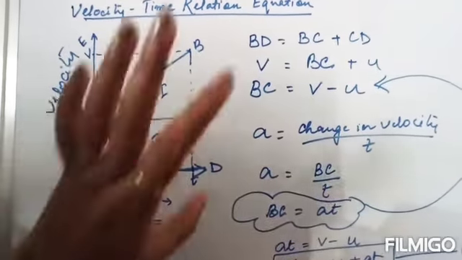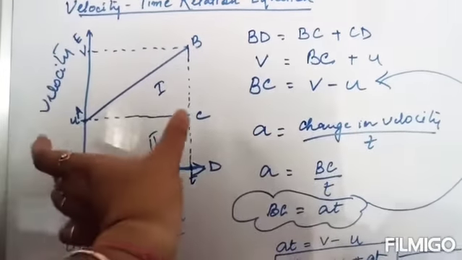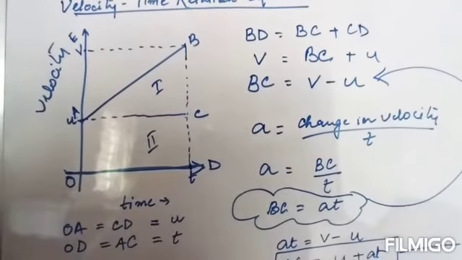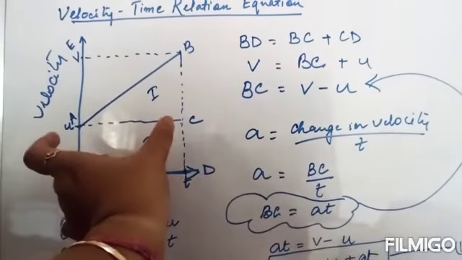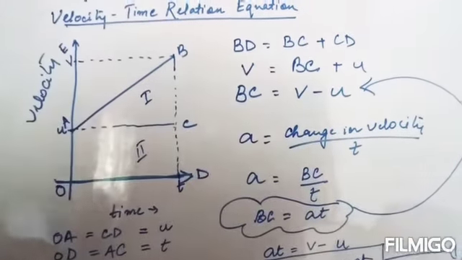So for the triangle's area, I need to know the base and height, correct? Now the base I already know, and this BC I am going to find out.